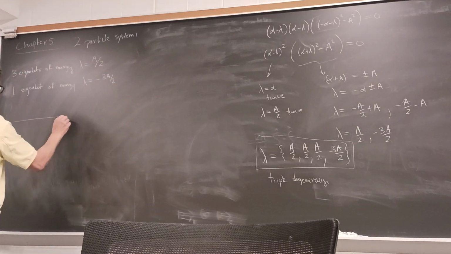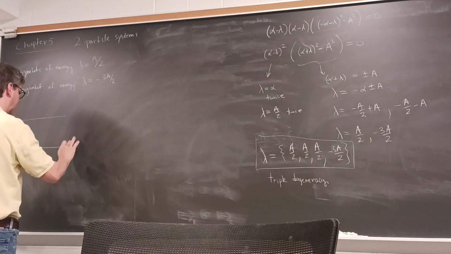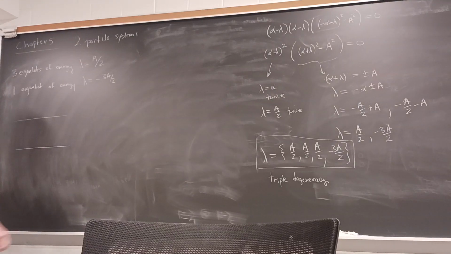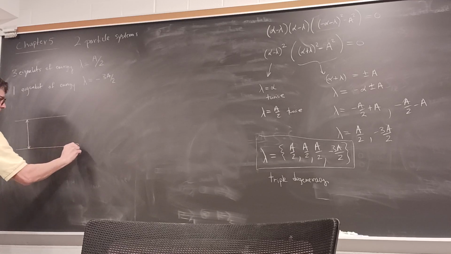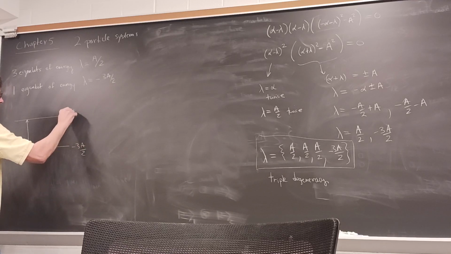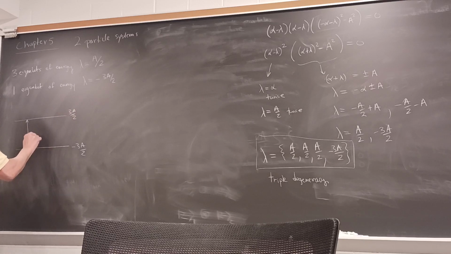So if we look at an energy diagram here, there's another splitting that occurs in the states. So this is minus 3a over 2, and this is 3a over 2. So delta E here is equal to 2a.